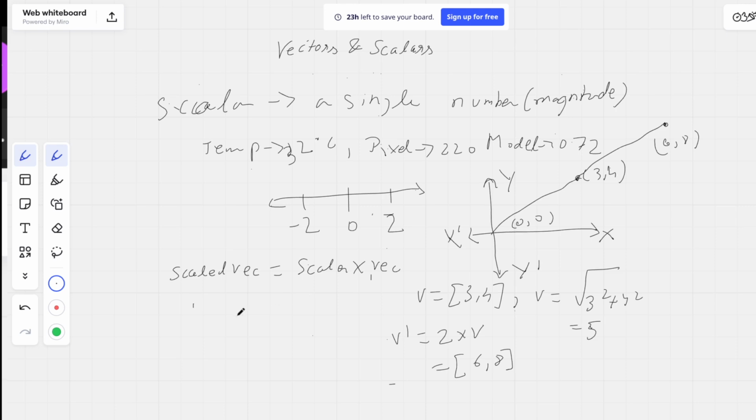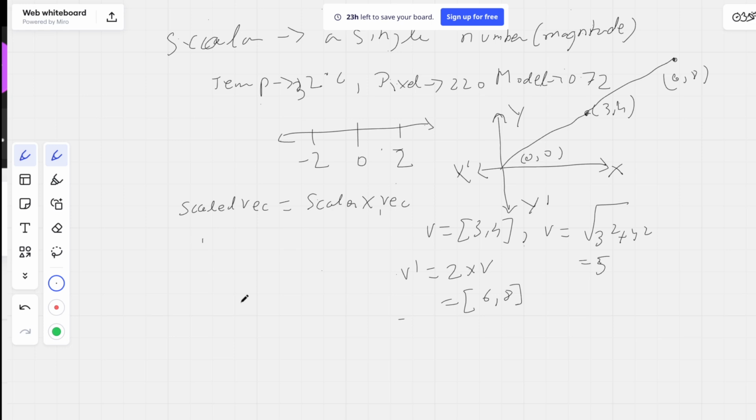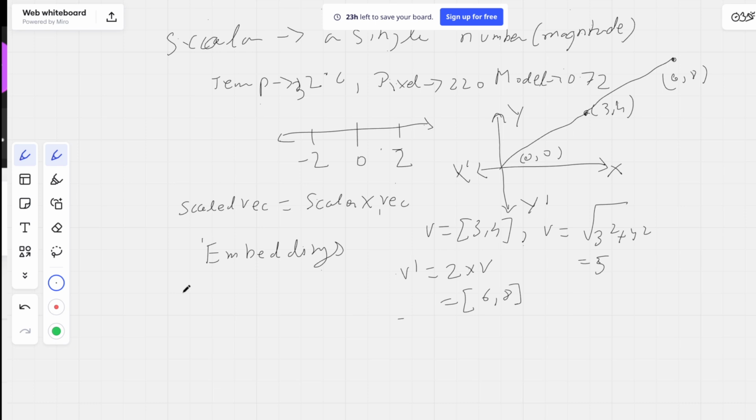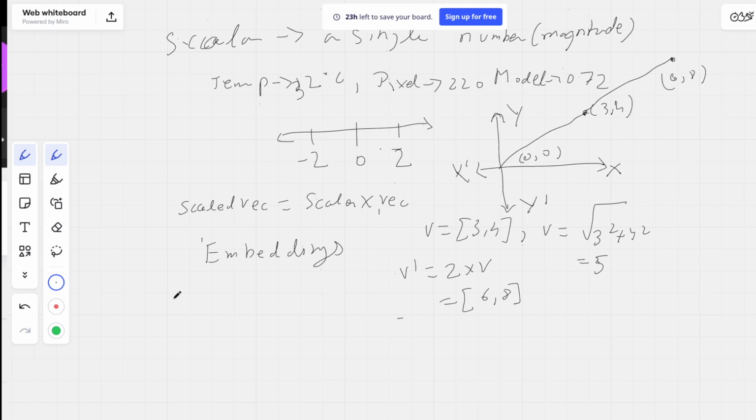Now let's draw some intuition about the application of vectors in NLP, like embeddings. In NLP, a vector can represent words or meanings. By the way, NLP stands for natural language processing, the area of deep learning or AI which deals with text data a lot.